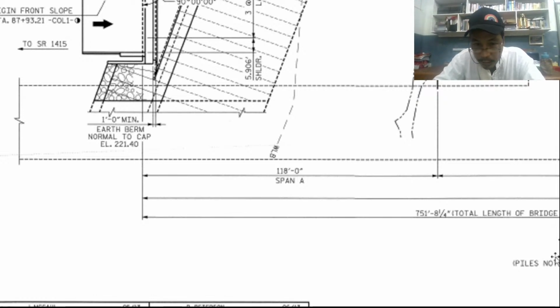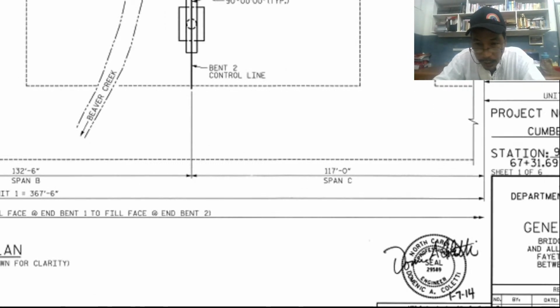Okay, so we are on the lower end of the plan, so let us go to the right side of the plan. So span B, and you can see span C. When you see a symbol like this, it means there are still so many parts connected here.